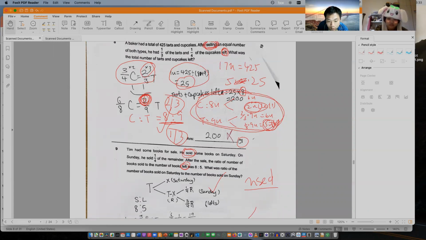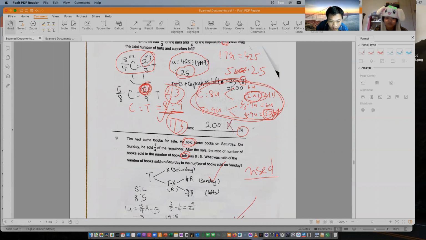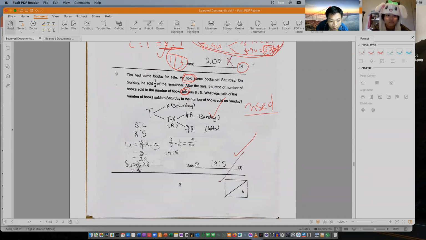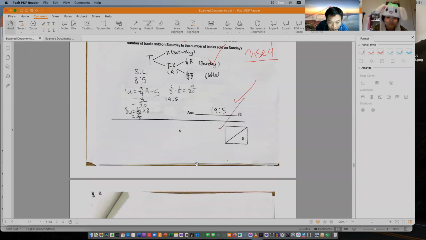You're supposed to score full marks for this question because the question is very clear cut, like selling, then left, so branching; sold, left, branching, very, very clear cut. Okay, so I want you, you are using it today, you are also using it tomorrow. So be consistent. All right.